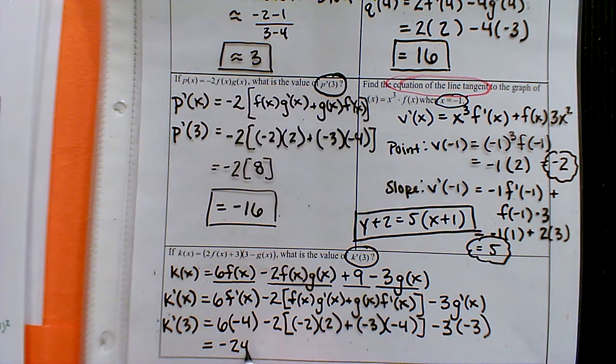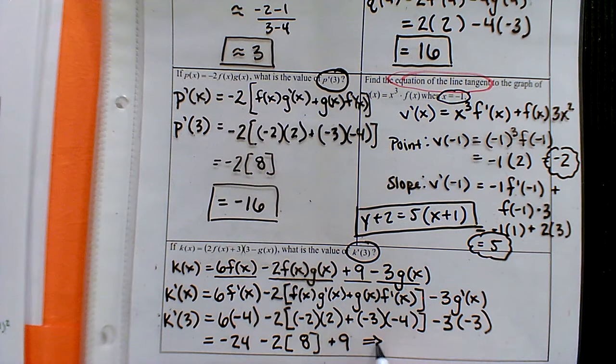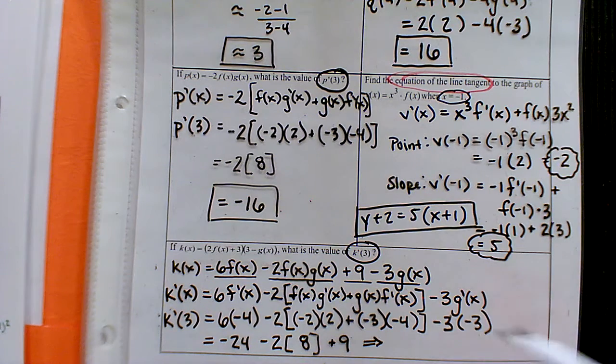Let's see, negative 24 minus 2 times negative 4 plus 12, that'd be 8. And then plus 9. Negative 24 minus 16 plus 9. Is that one wrong?